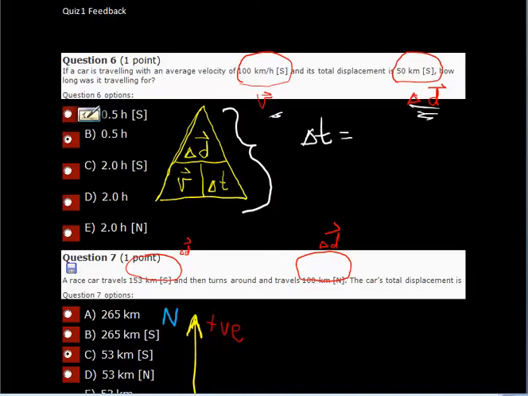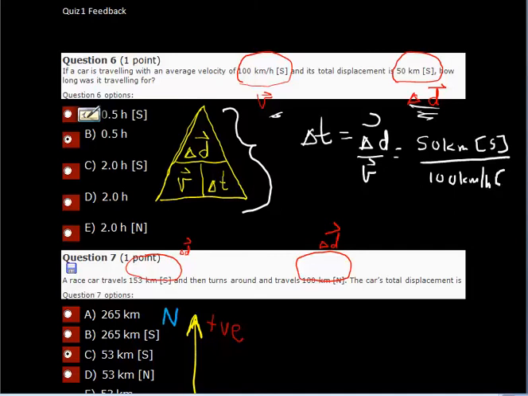So time is going to equal displacement divided by velocity. This is going to be 50 kilometers south divided by 100 kilometers per hour south.